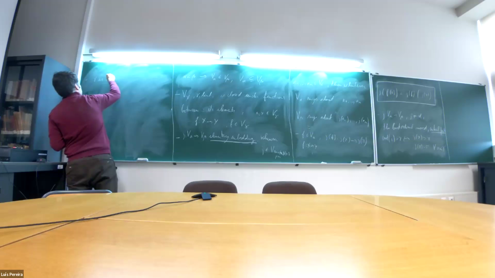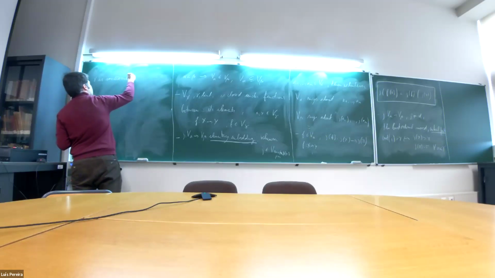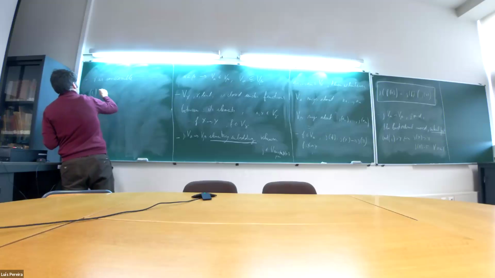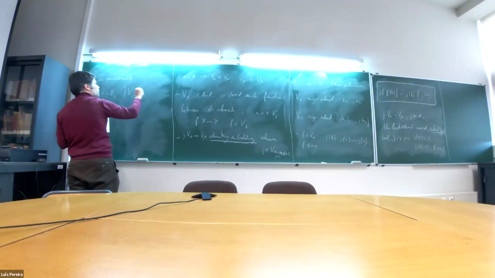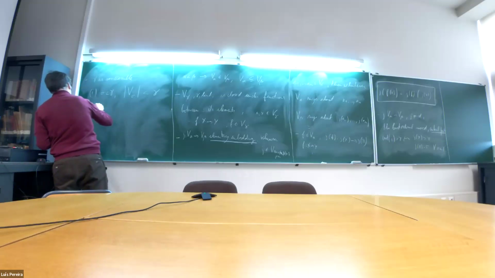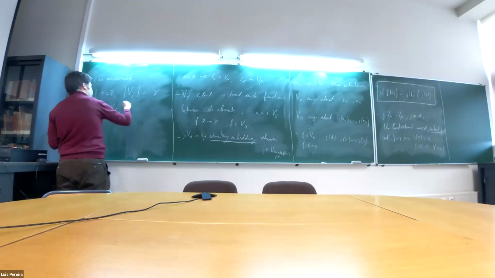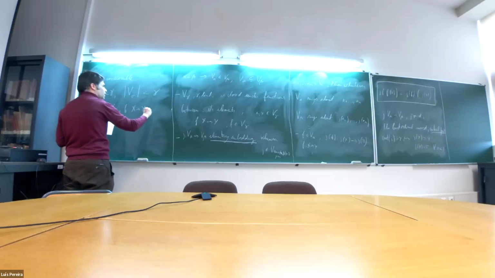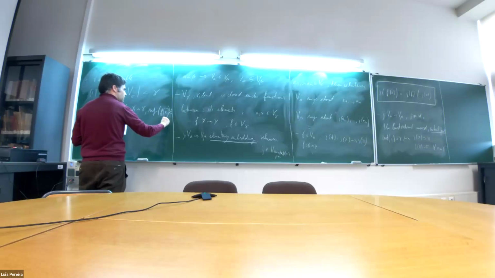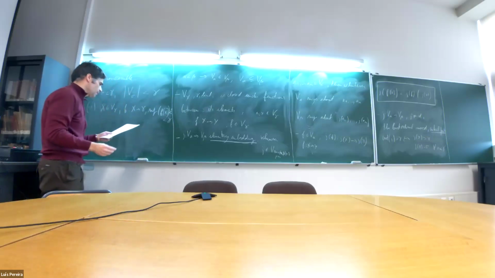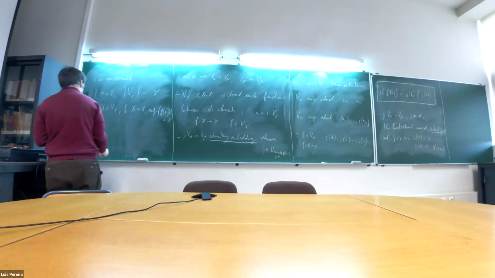Gamma is inaccessible, which means that one, if sigma is smaller than gamma, then the whole universe up to sigma is still smaller than gamma. And two, if you have a set in V gamma and a function from this set into gamma, then the sup of its range is strictly smaller than gamma.